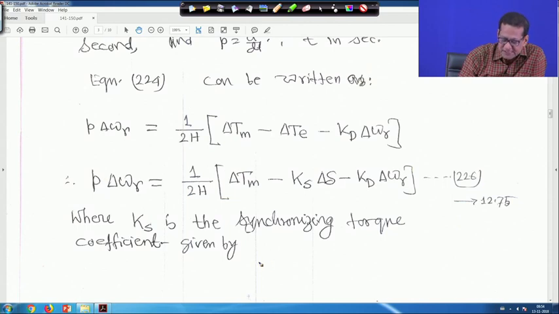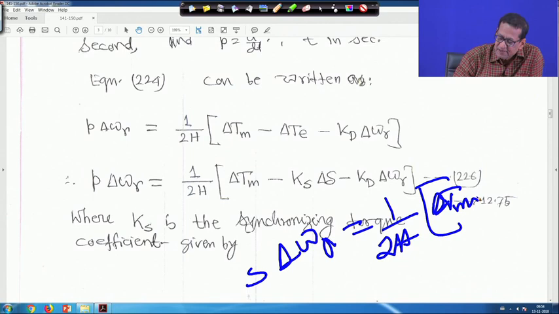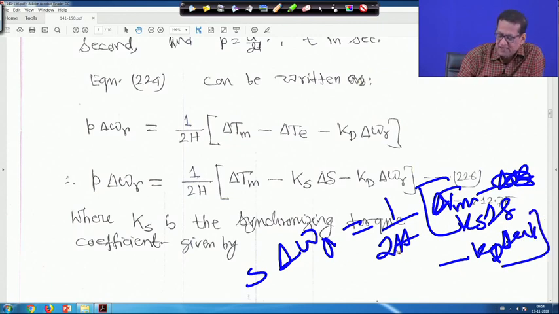So, this is S delta omega r equals 1 upon 2 H in bracket delta T m minus delta T e, minus K s delta, then minus K d delta omega r. What you do is cross multiply, that will be 2 H s delta omega r. Bring this term to this side, so it will be plus K d delta omega r. Take delta omega r common, it will be 2 H s plus K d.